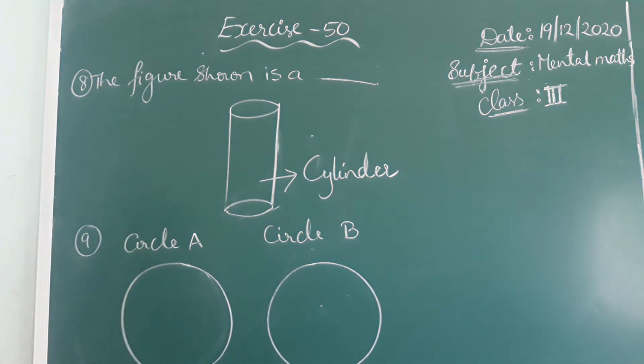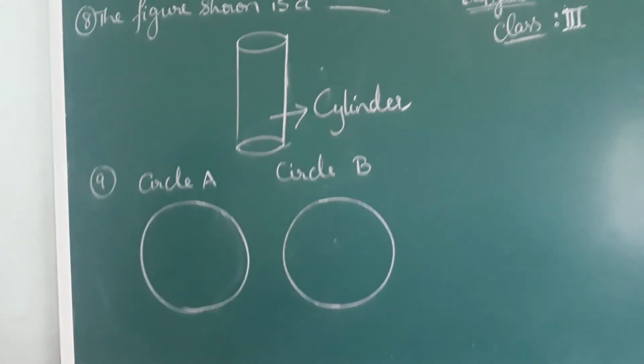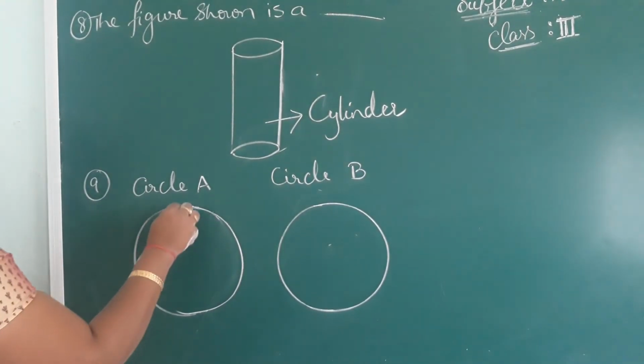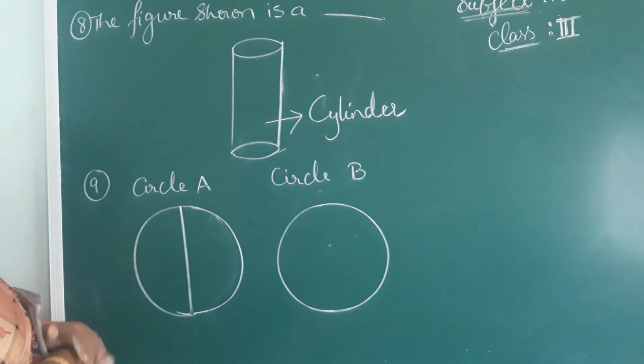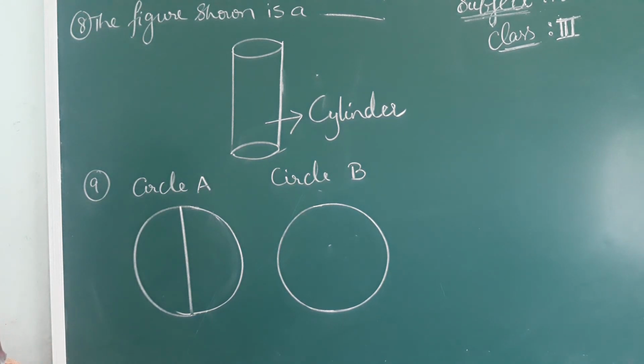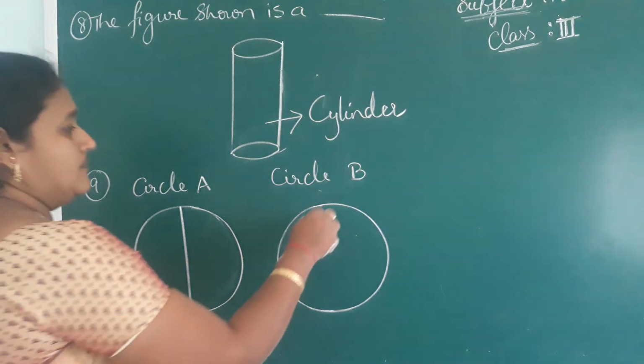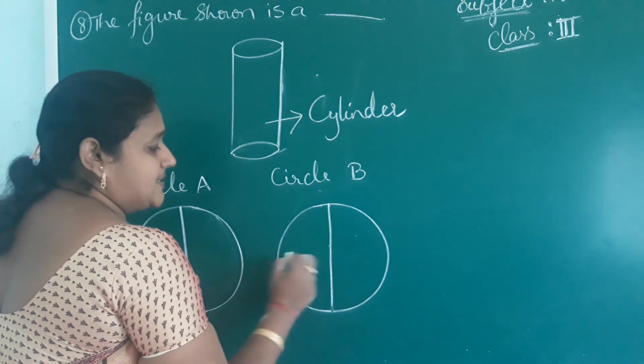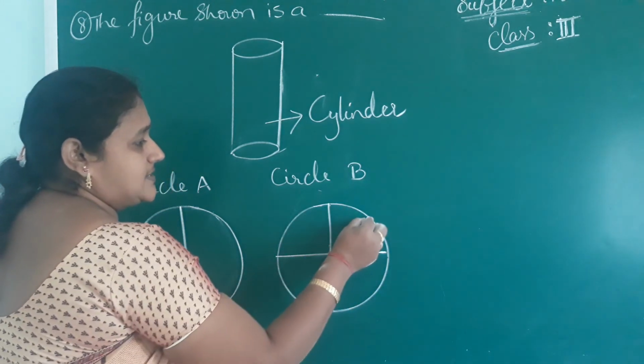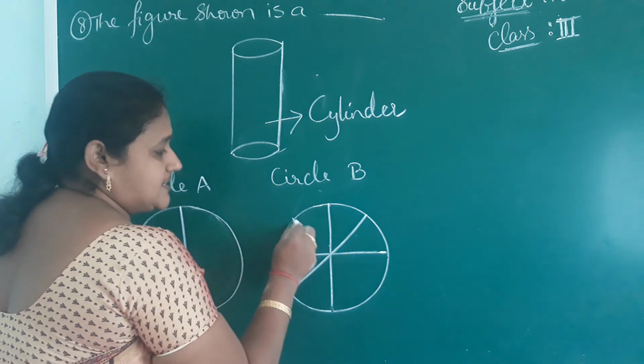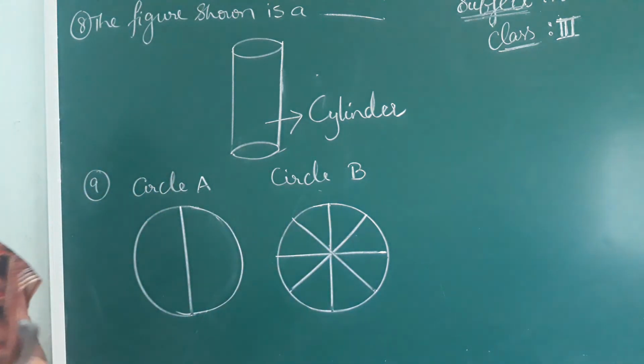How will we divide A into half? If you divide like this, it will be half. Circle B into eighths. Eighths means circle B into 8 parts. Now 2 parts, 4 parts, 6 parts and 8 parts. Each part is an 8th part. Okay. See the last one, 10th one.